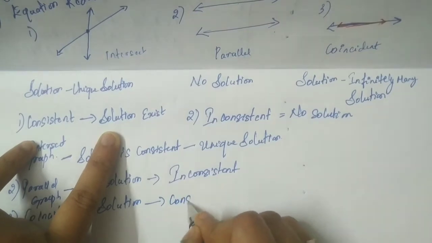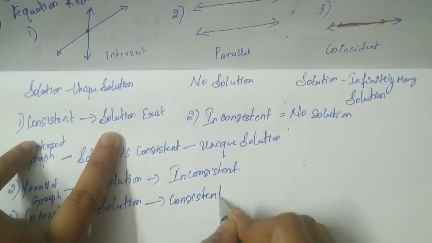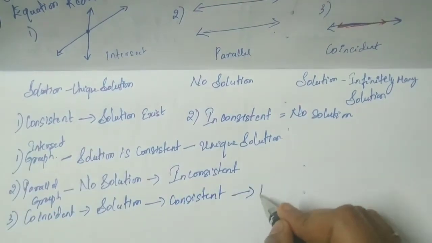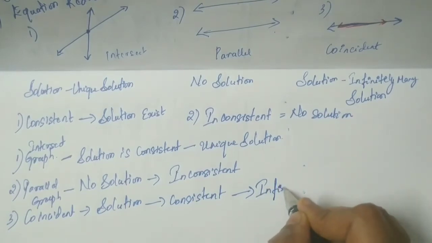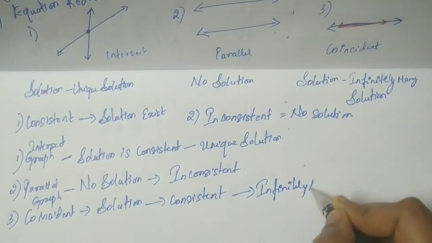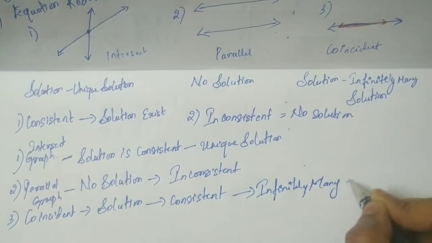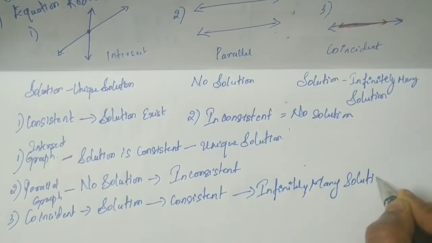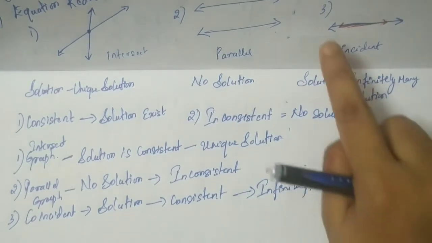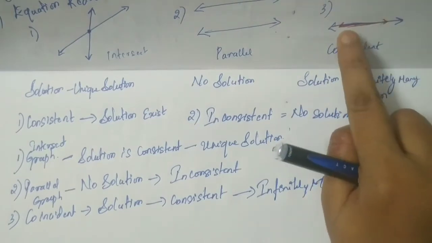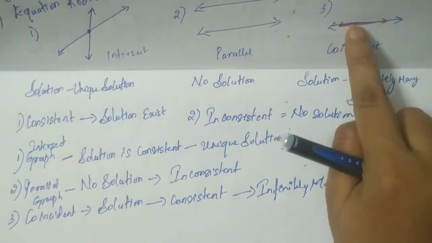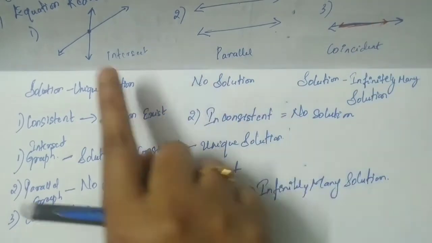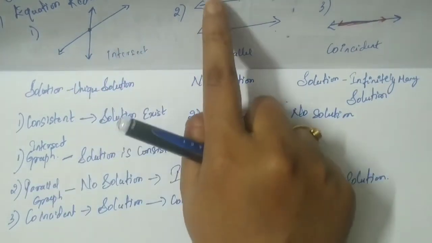But whether the solution is unique or infinite, it is infinite, because many points of the second line intersect the first line. So for the coincident graph, the solution exists. Whenever the solution exists, they are consistent. You just have to know whether it is a unique solution or infinitely many solutions.